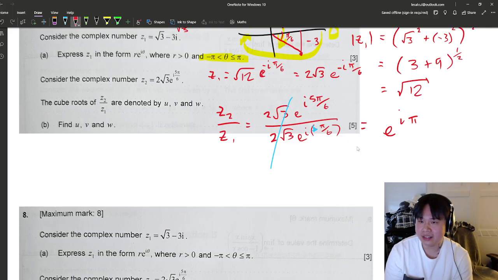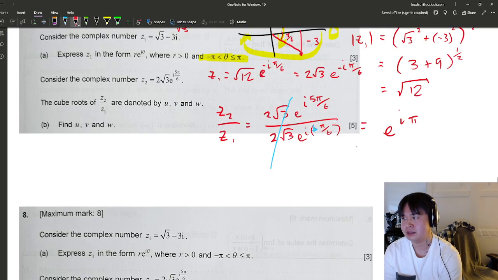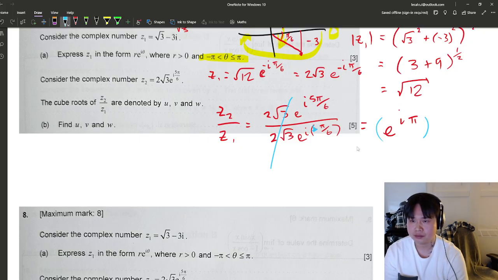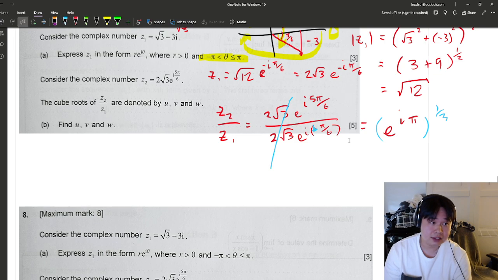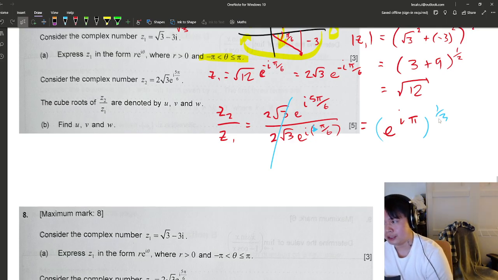Okay, now this thing has 3 cube roots, so we're going to cube root this. When you cube root, we can just use De Moivre's theorem. We divide pi by 3 for our first answer.